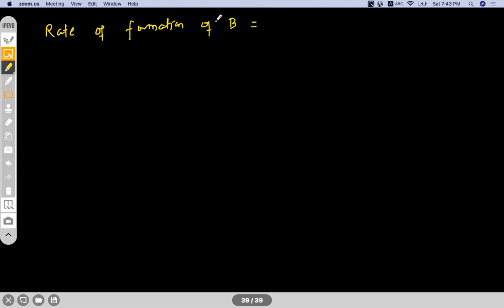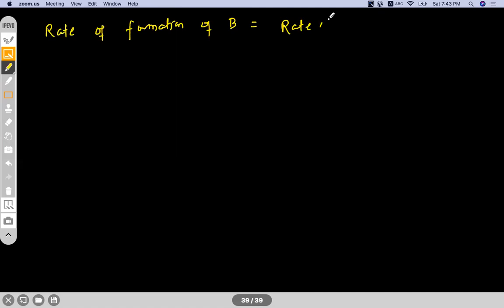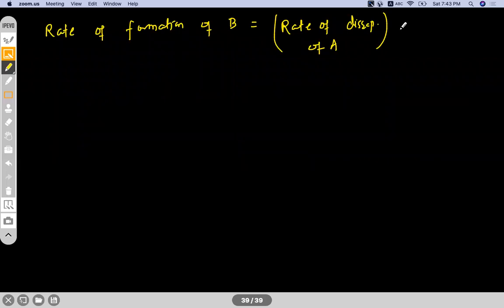That would be what? The rate at which A is disappearing. So it is rate of disappearance of A. The rate of disappearance of A is nothing but the rate of formation of B, but at the same time, B is also converting into A. So the net rate of formation of B is the rate of disappearance of A minus the rate of disappearance of B. Is it fine?